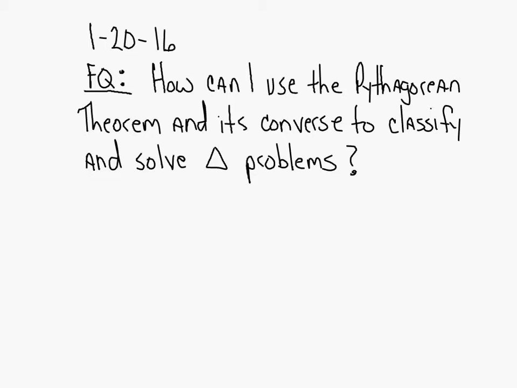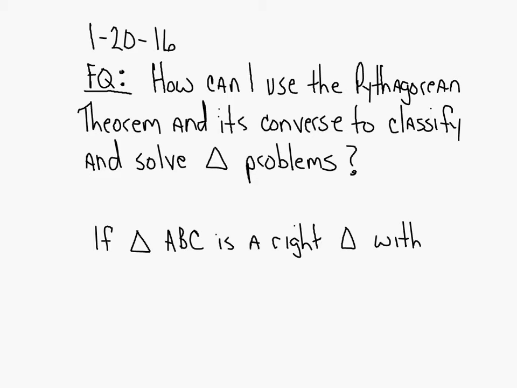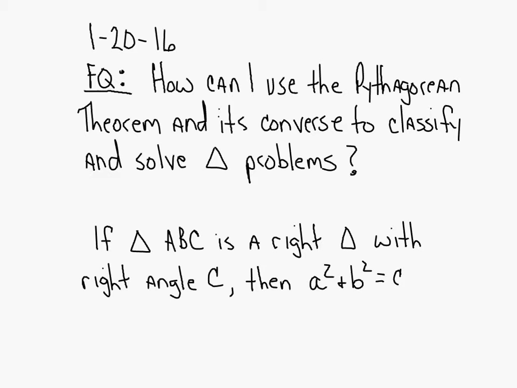So let's say that if triangle ABC is a right triangle with right angle C, then A squared plus B squared equals C squared.